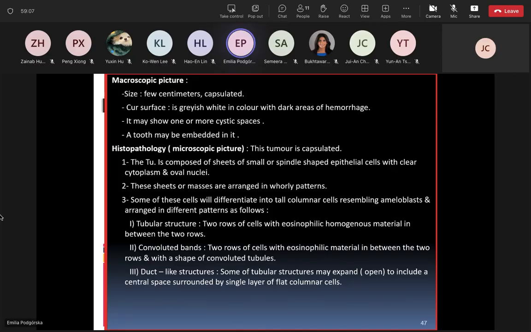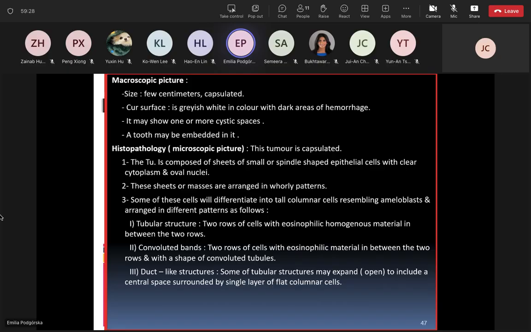Tubular structure: rows of cells with eosinophilic homogeneous material in between. Convoluted bands: two rows of cells with eosinophilic material in between the two rows, with the shape of convoluted tubules.